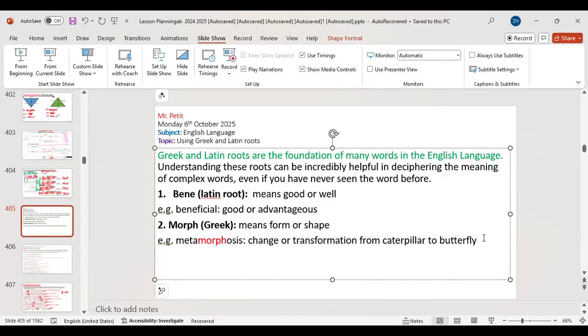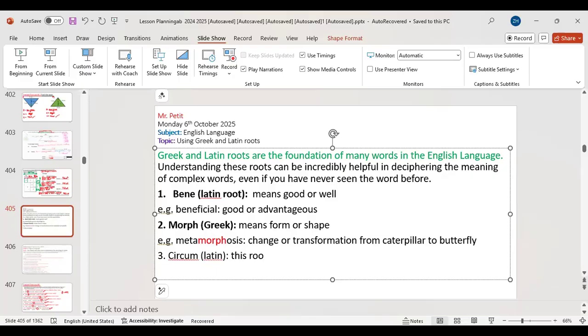All right, number 3, we have circum. This one should be familiar to you all. Circumference, right? It's Latin. What do you think it means? Circular, very good.